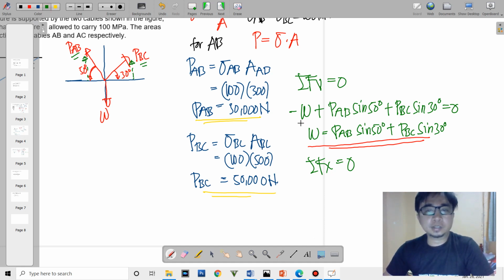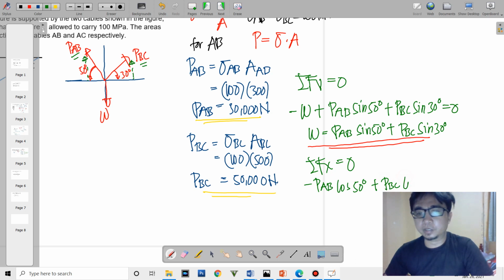So writing this equilibrium equation, we have leftwards PAB, that is negative, and the horizontal component is cosine of 50 degrees, plus rightwards PBC, the component multiplied by cosine 30 degrees, and this is equal to 0.